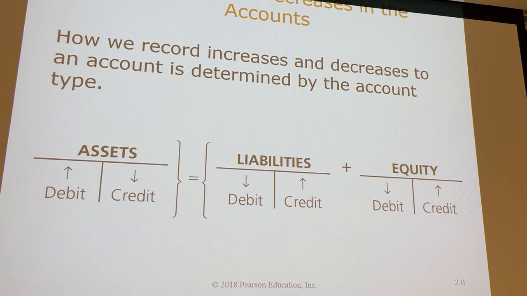So for those accounts, they would go up with a credit entry on the right side. They would go down with a debit entry on the left side. I think basically the reason the rules are the opposite for liabilities and equity has to do with the fact that we have to keep the accounting equation in balance when we make these entries to the accounts.